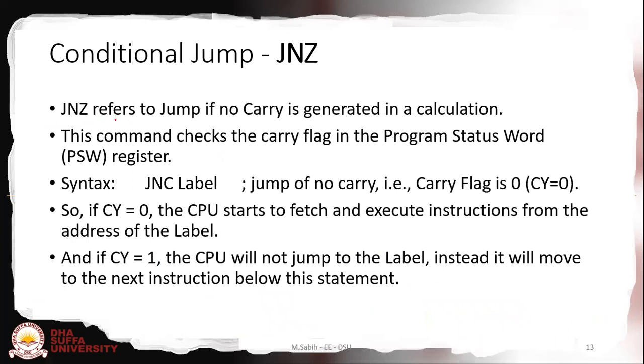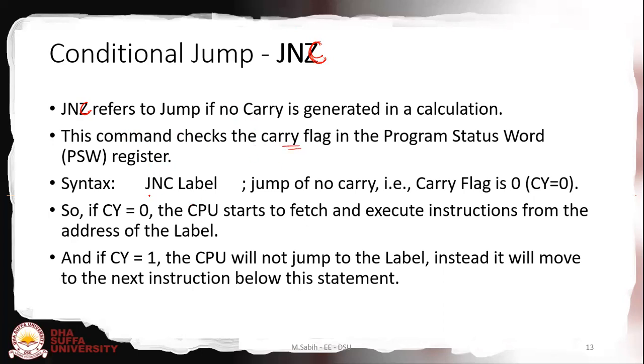Conditional jump JNC refers to jump if no carry is generated in calculation. And this is actually C, not Z. Okay, JNC. This is a little mistake, so please make it C. This inherently works on the carry flag.